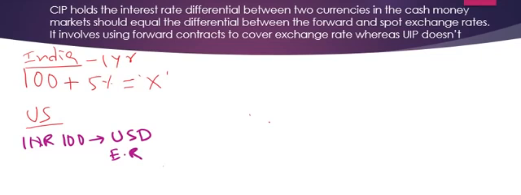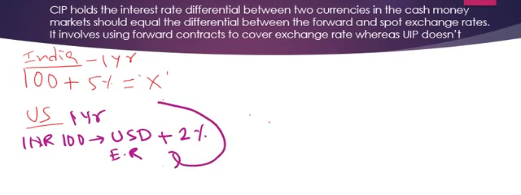So based on today's exchange rate, you have converted this amount into USD and then you have invested in the US for 1 year and you will get interest, let's say about 2%. And then you need to convert this amount back to INR to get into Indian currency. So again you have an exchange rate involved in this. So let's say after that exchange rate you will get an amount of Y.